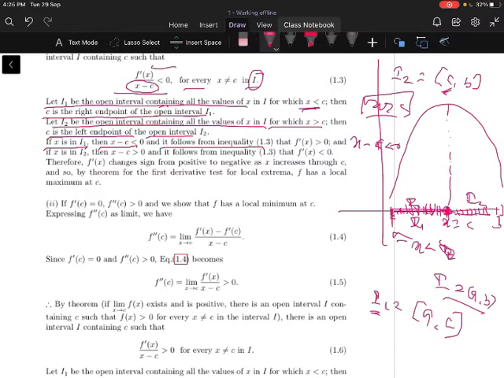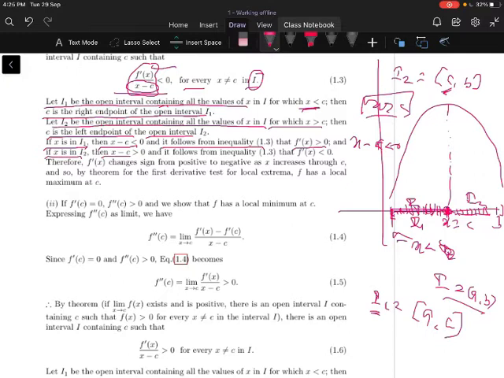If x minus c is negative, what is f dash of x? f dash of x must be positive. Then only the whole term is negative. Therefore, f dash of x must be positive. f dash of x is positive means the function f is increasing.